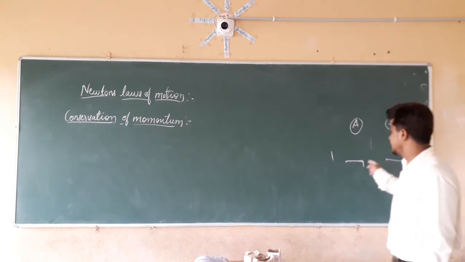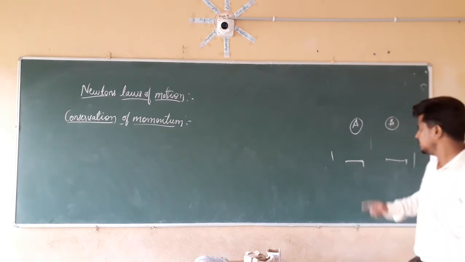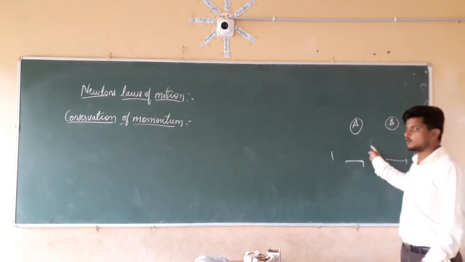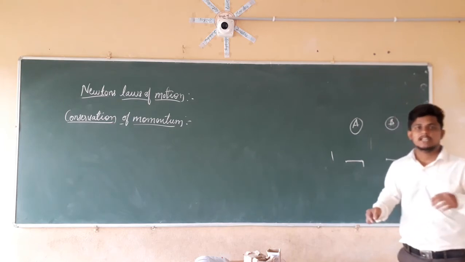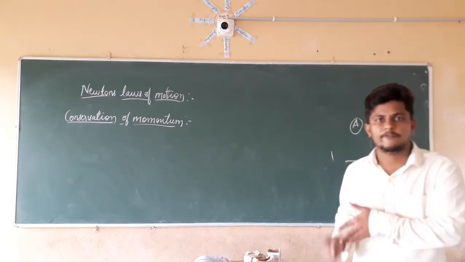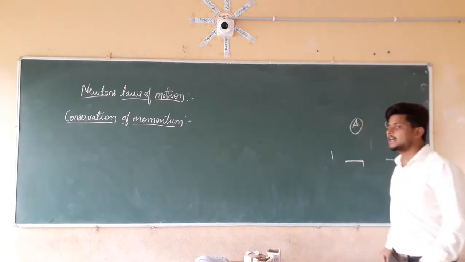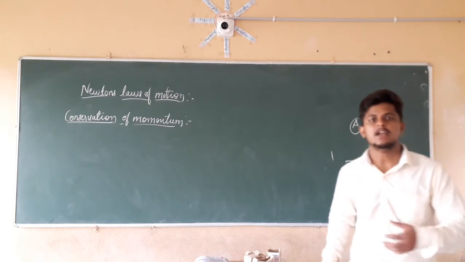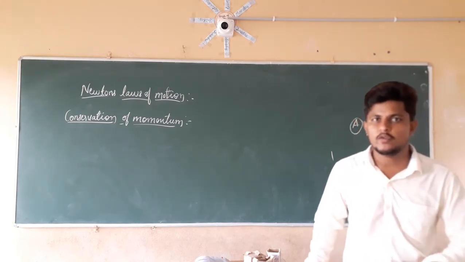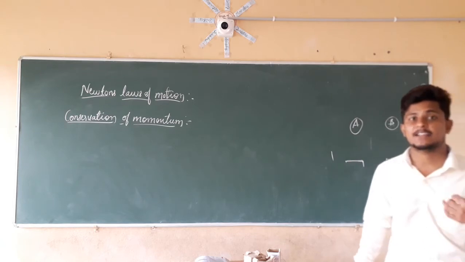If you check here, the heavy object is thrown with the same amount of force. She throws with the same amount of force, and he also throws with the same amount of force, so the force is equal. But the momentum of the girl and the momentum of the boy will vary. That is, the boy and the girl are accelerated differently.